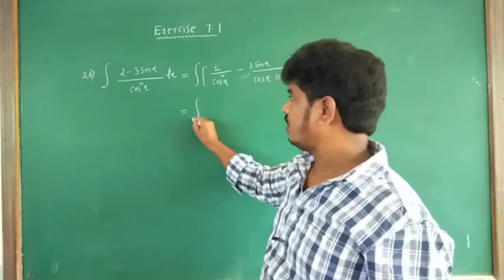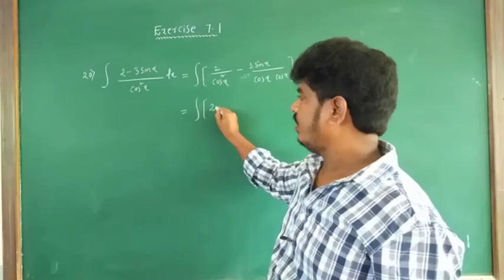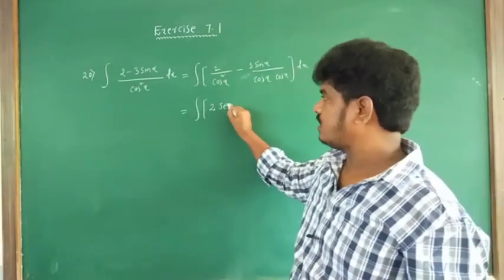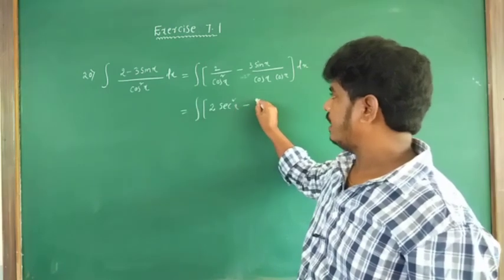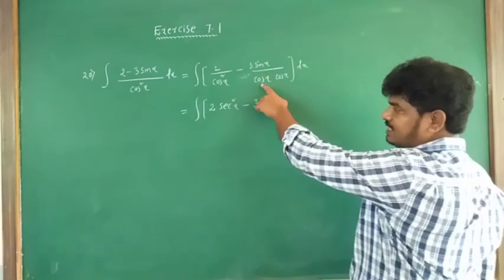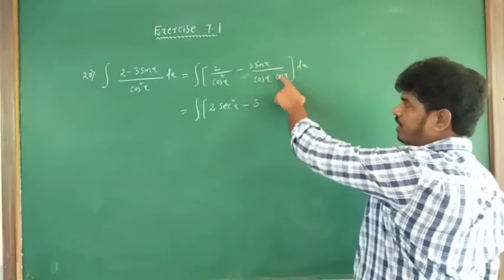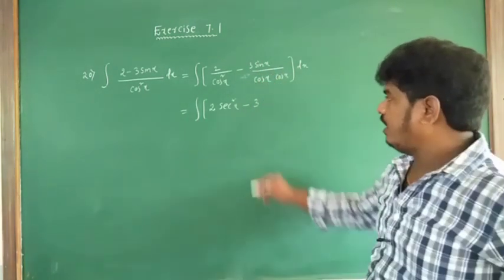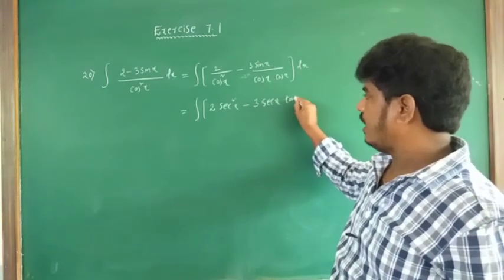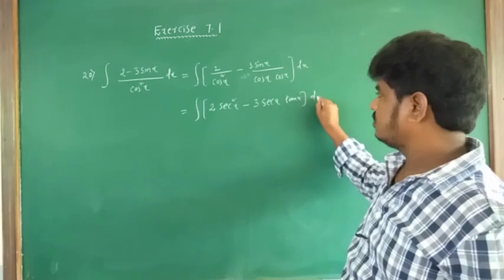This is equal to the integral of 2 into 1 by cos square x, that is secant square x, minus 3 into sin x by cos x, tan x, and 1 by cos x, sec x. So finally, 3 into what do we write? Sec x into tan x dx.